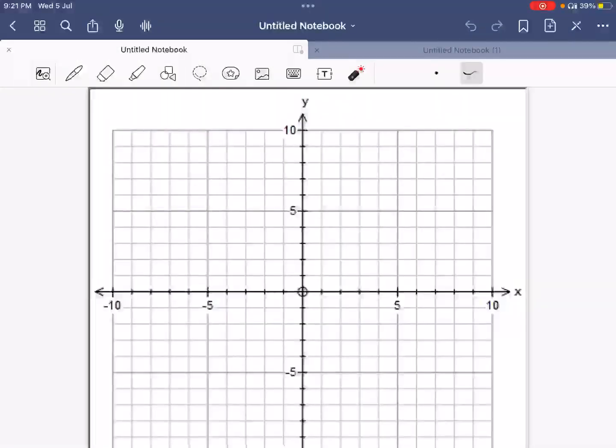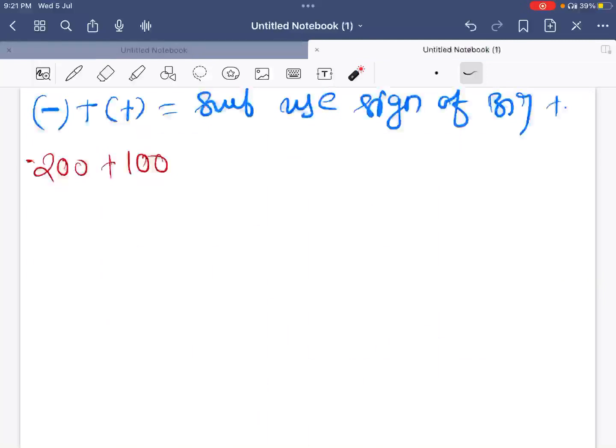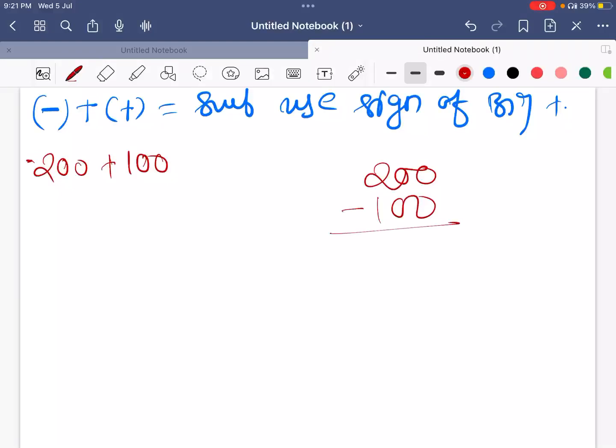So 200 minus 100, the answer is 100. But if you observe this question, the bigger term is 200. So we have to put the sign of the bigger term, which means your answer is minus 100.